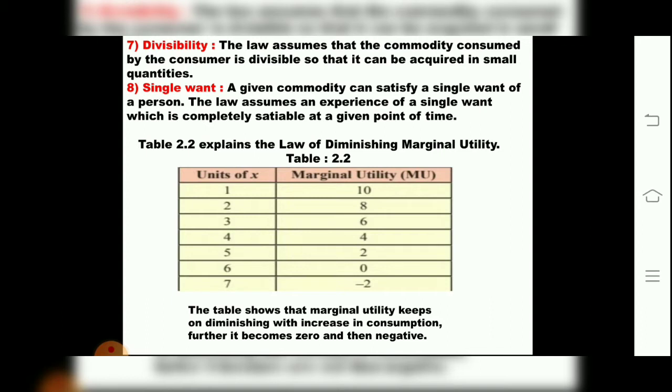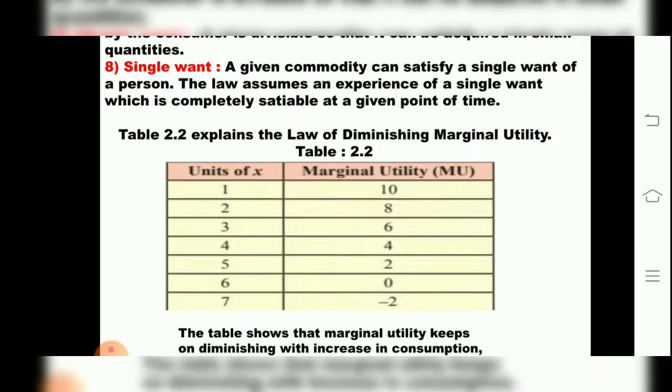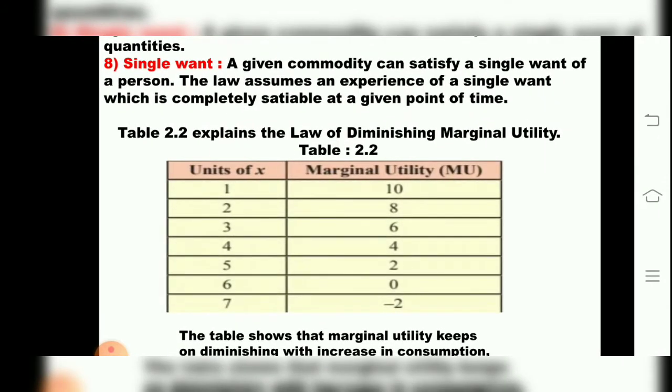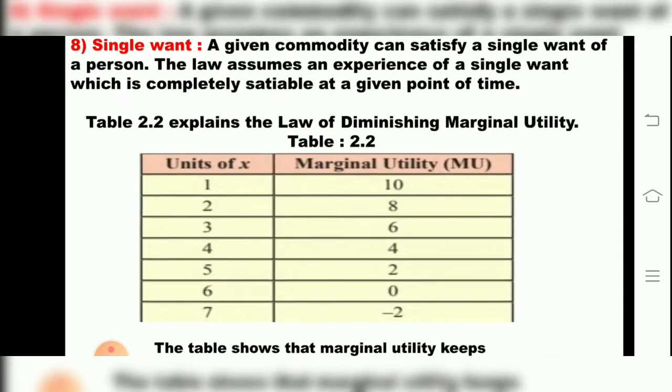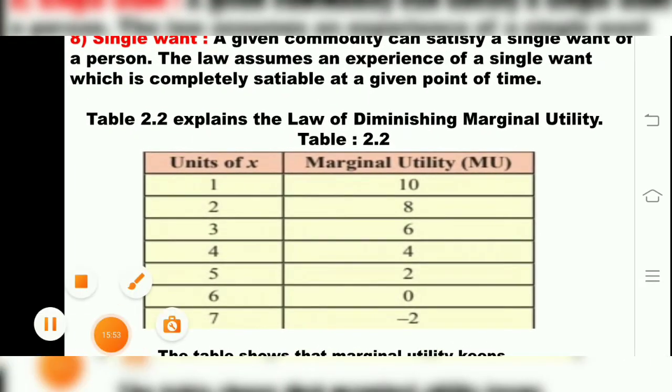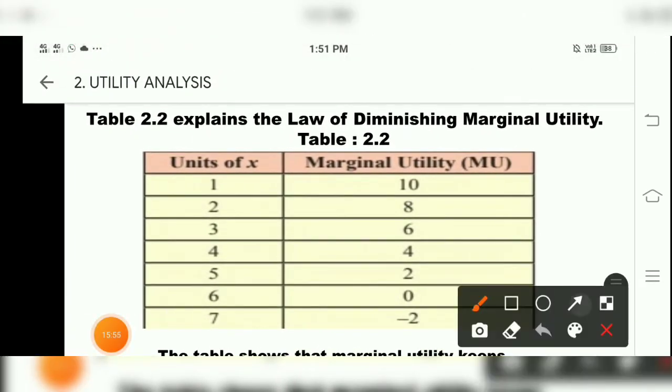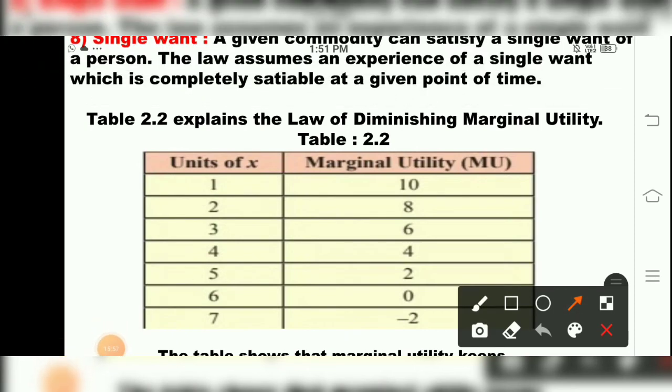Now what do we have to see? See, after the introduction and meaning, or statement of the law, we are seeing the table. That is the law of DMU table. Now what does the table show? Units of commodity have been given, children, over here. If you can observe, we have studied the relationship between total utility and marginal utility.